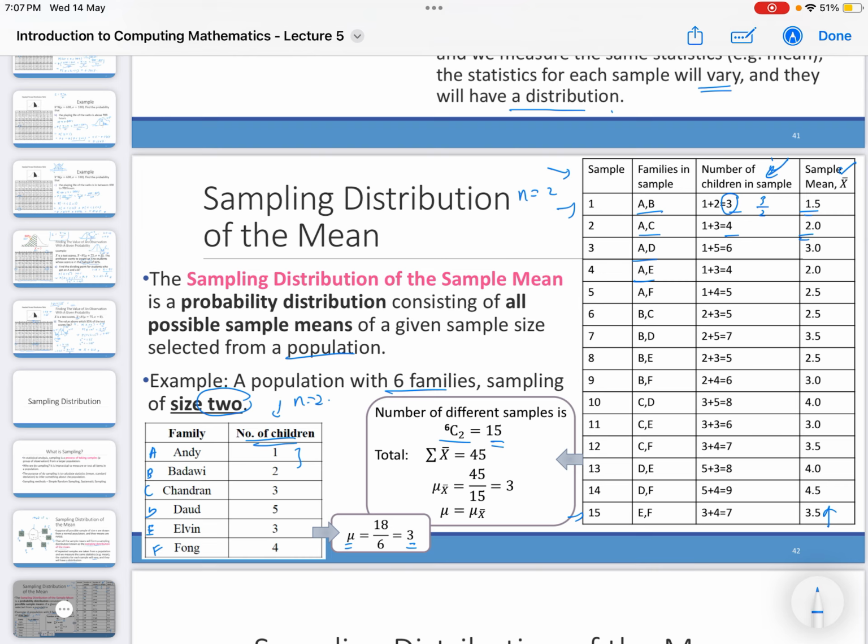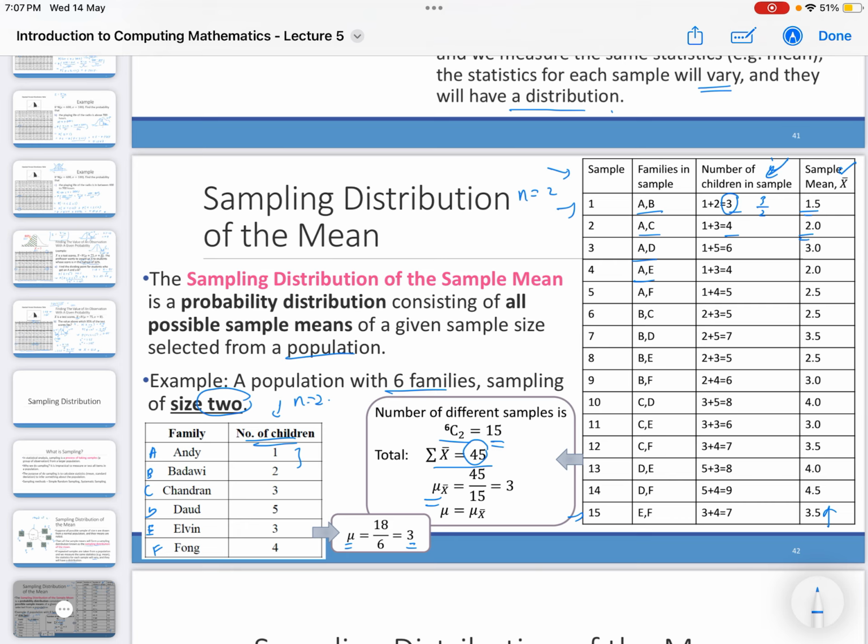Next, let's say we want to calculate the total of the sample means. When we add everything, we get the sum of x bar equal to 45. Now we want to calculate the mean, the average of the sample means, which we denote as mu sub x bar.